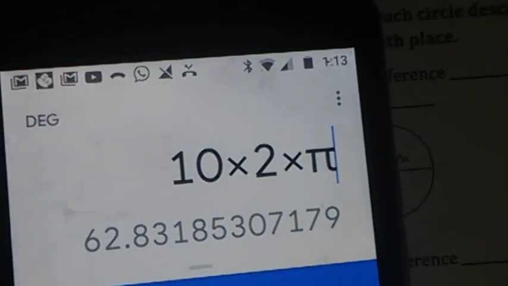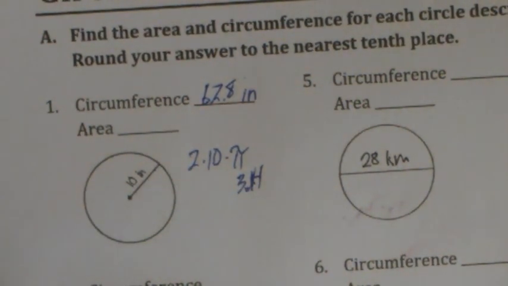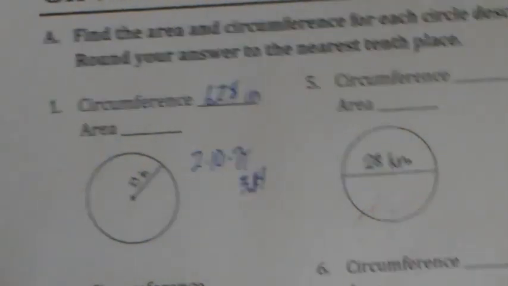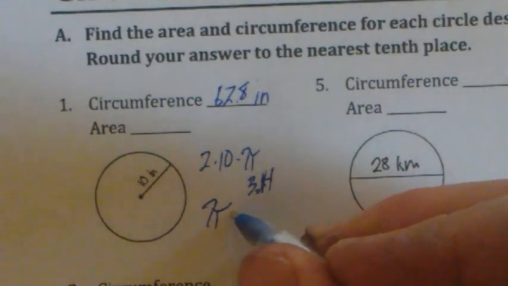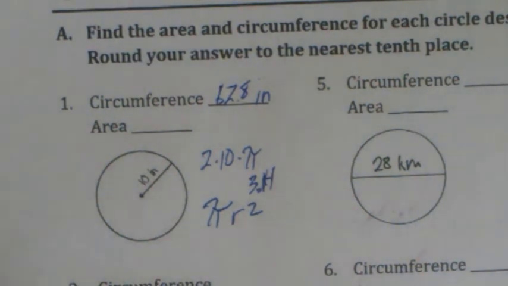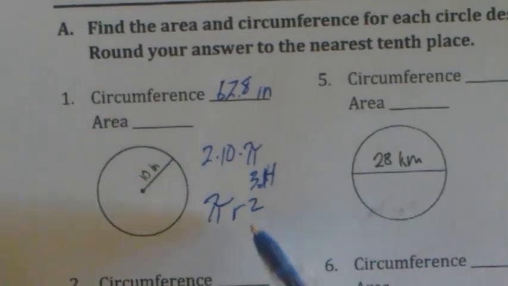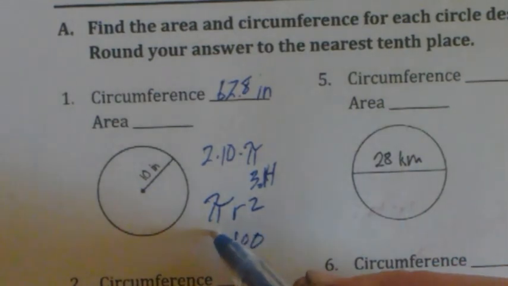Anyway, you can use pi, but they asked you to use 3.14, so my answers are going to be done using 3.14. Okay, the area. How do you find the area? Pi r squared, where r is the radius. Well, r is 10. r squared is 10 times 10, 100 pi.